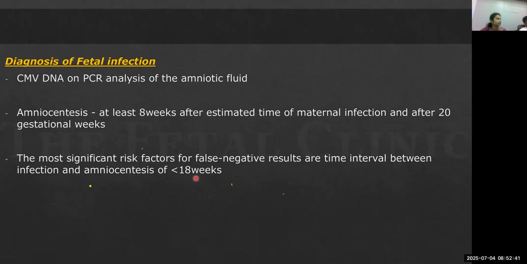So seropositive, baby looks clean, don't reassure. You need to wait. Before 21 weeks, don't put the needle. But having said that, that was the traditional thought process. Now there are centers who have reported that between 19 and 21 weeks also, they haven't missed much.